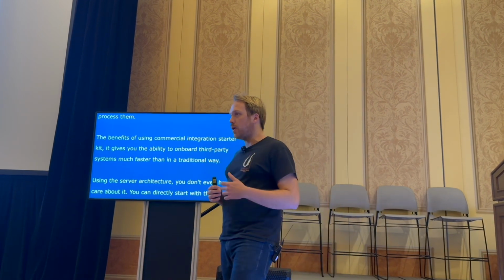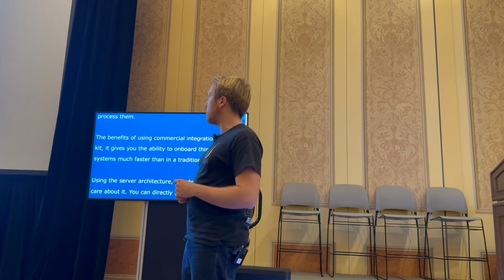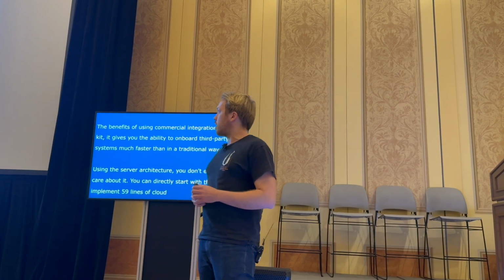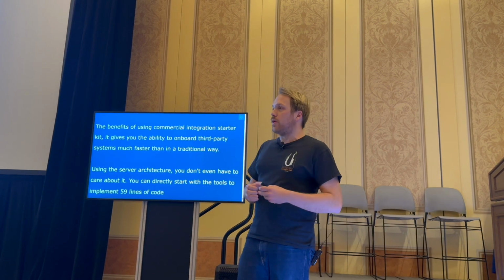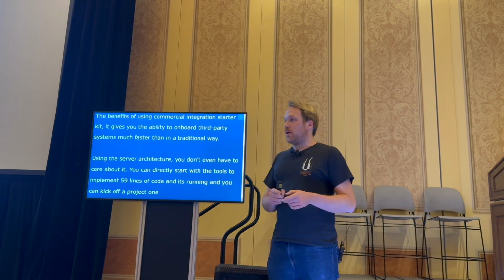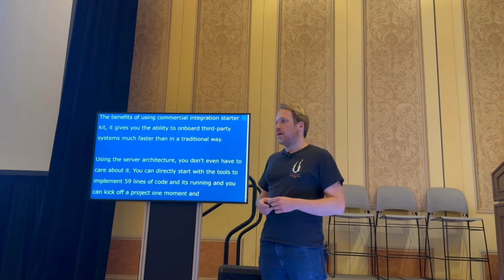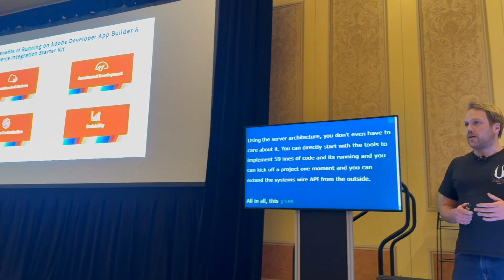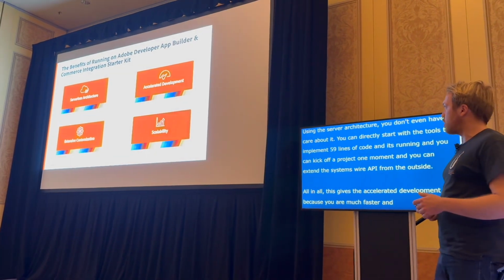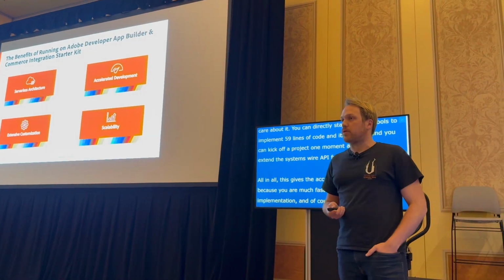So it's running immediately. You can kick off a project in 1 minute, and you can extend the systems via API from the outside. This all in all gives you accelerated development because you're much faster, only focusing on implementation. And of course, we are running in a cloud-native environment, so scalability is not a problem at all.